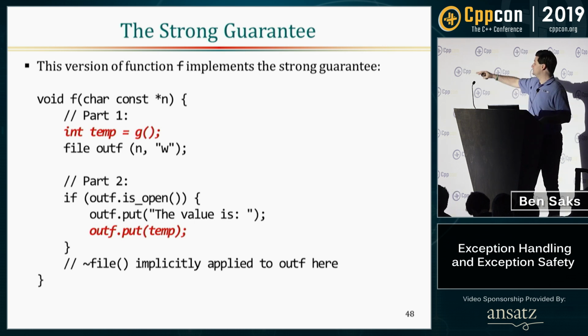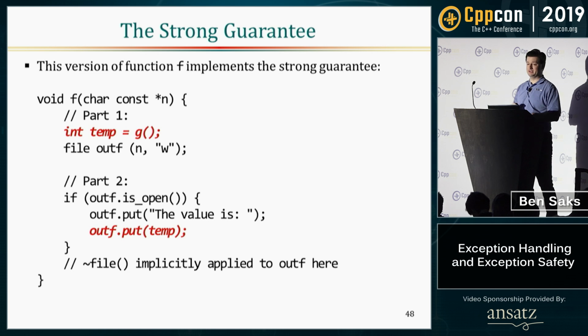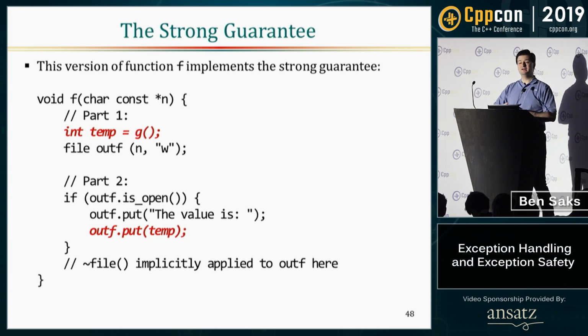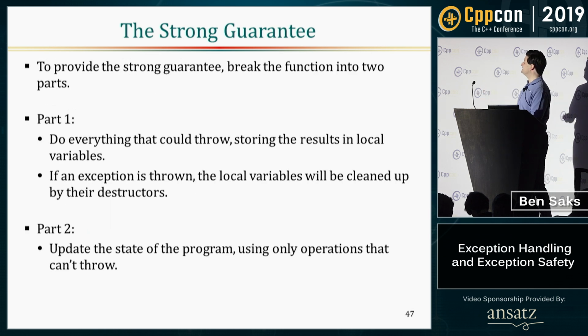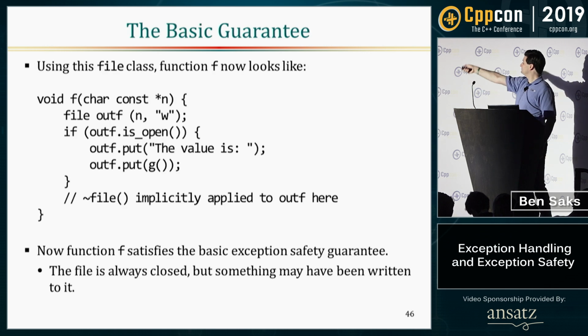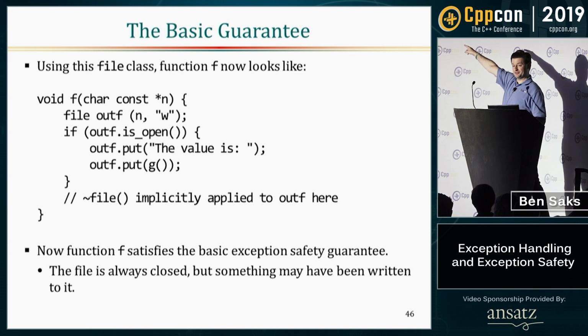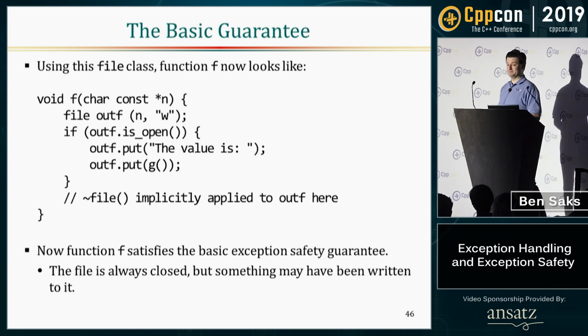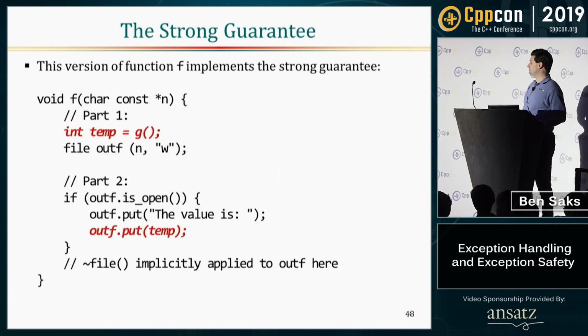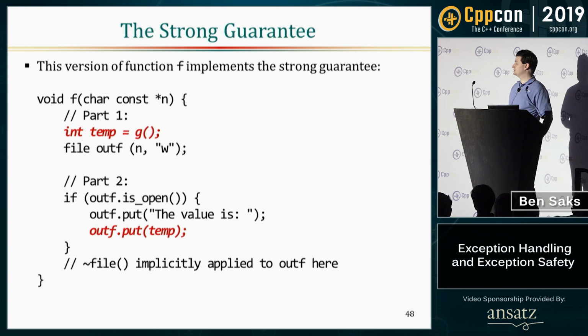But just for this demonstration purpose, I was looking for something that could be the basic function back here, where we would write the value before we ever call G, and then could be changed into implementing the strong guarantee without too much difference, as long as we assume that put doesn't throw.